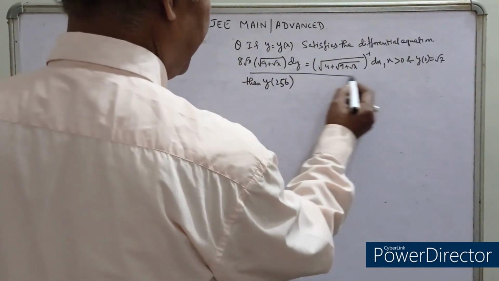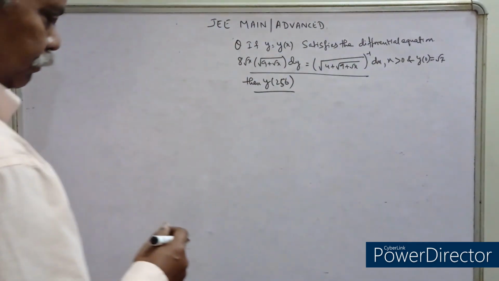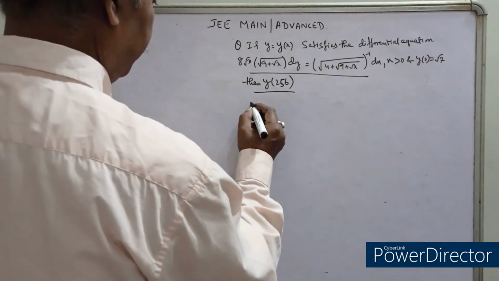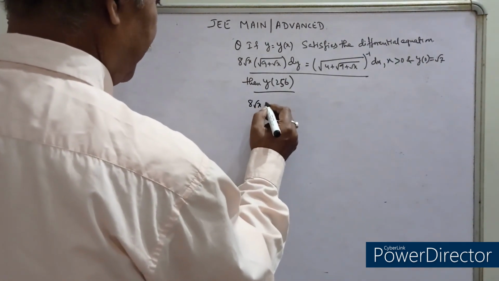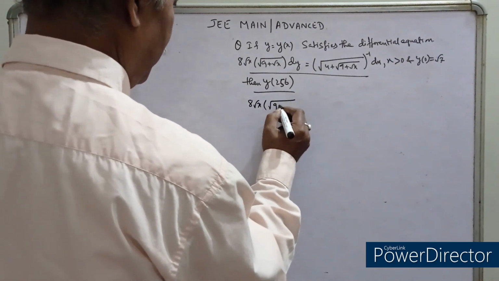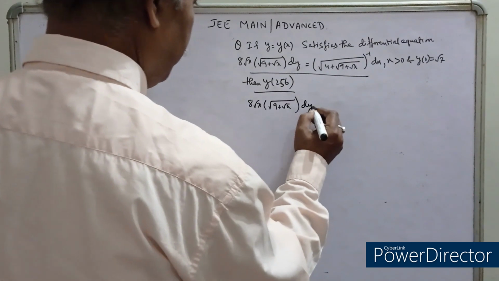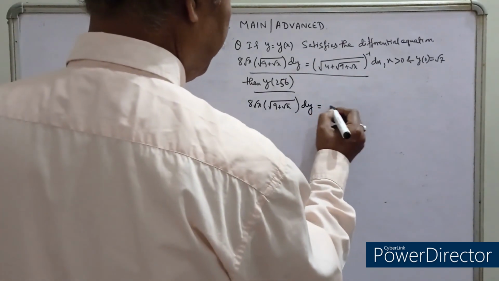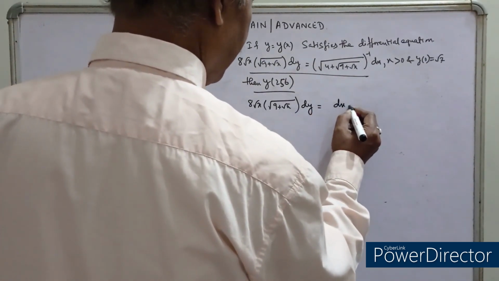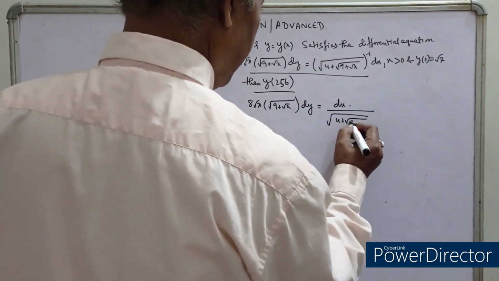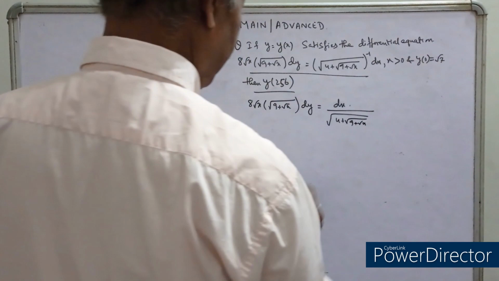Now this is your question. You have to find the value of this. So here you see, 8 root x root 9 plus root x dy is equal to dx by root 4 plus root 9 plus root x.